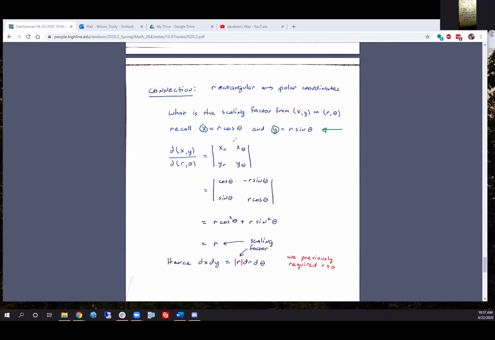And so since they were already solved in x, y, we could do our conversion, because this is going from the xy world to the r theta world. And the formulas are already set up to be able to find what's going on.